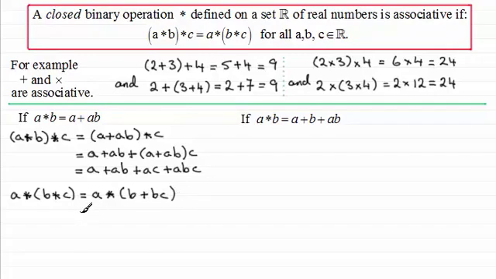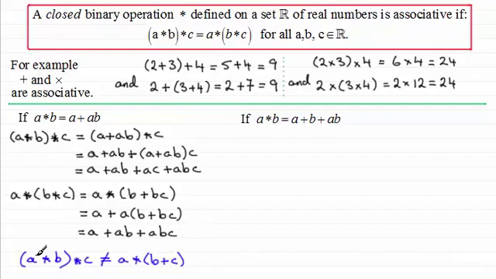And then using the result again, we've got the first element, which is now A, and then it's plus the first element, which is A, multiplied by the second element there, which is B plus BC. And if I expand this out, we end up with A then plus AB plus ABC.